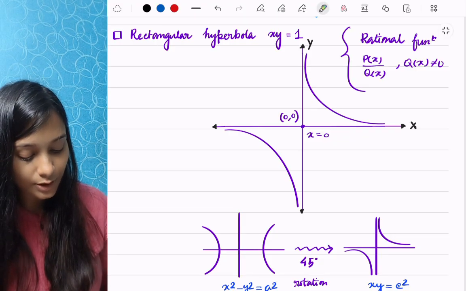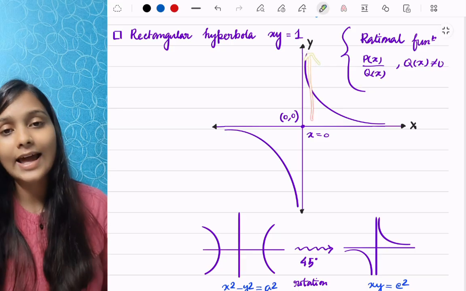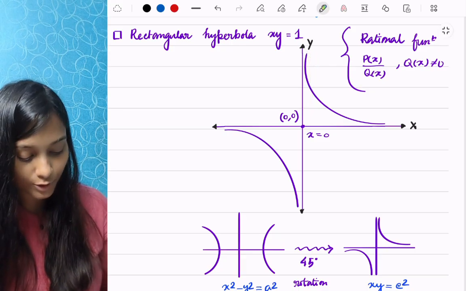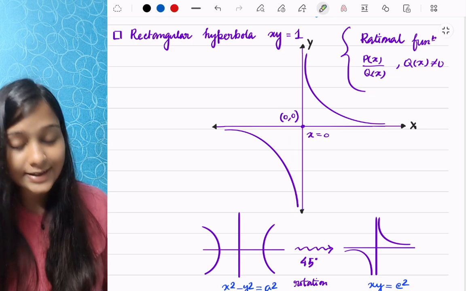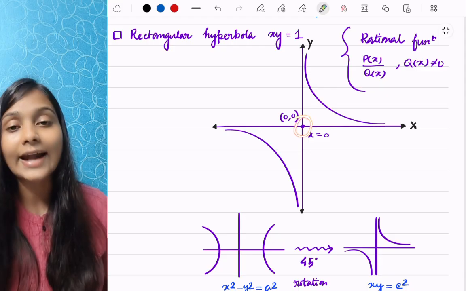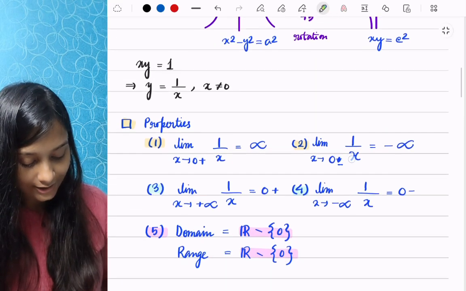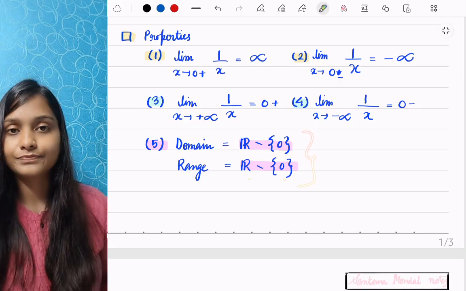And similarly for the y values, we can see that it can take any value in its range from the positive y side, and similarly for the negative y side too, it can have any value. So only problem is here at (0, 0). So again the range of this function should be R minus 0. Okay.